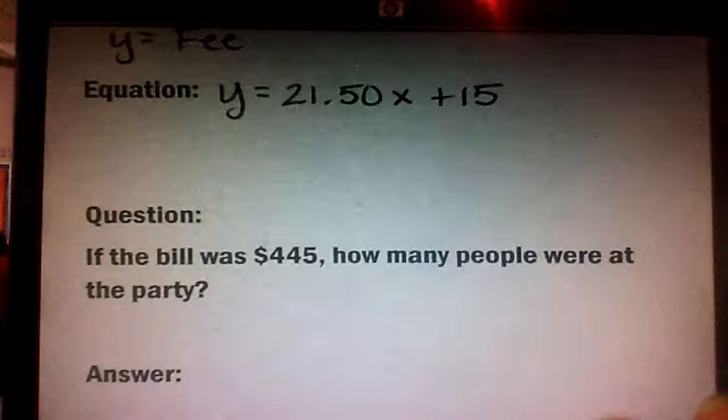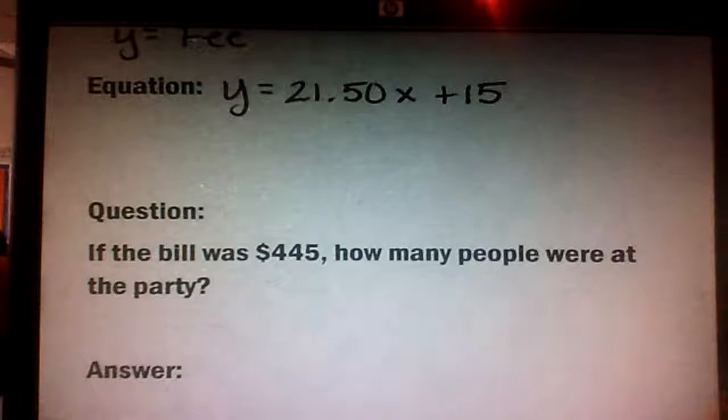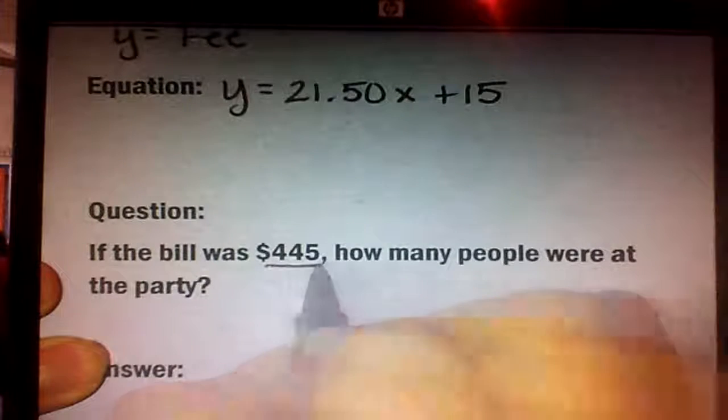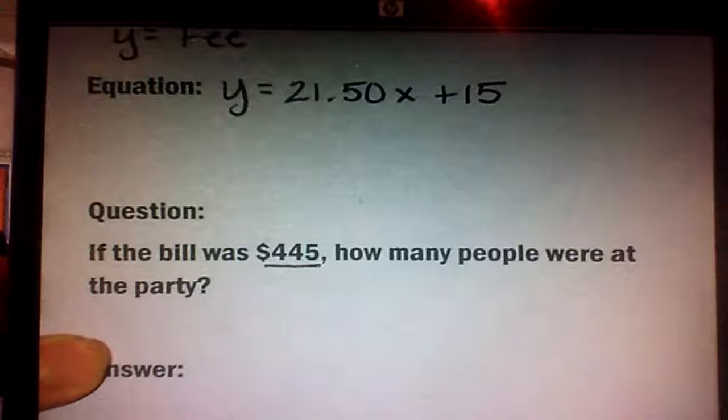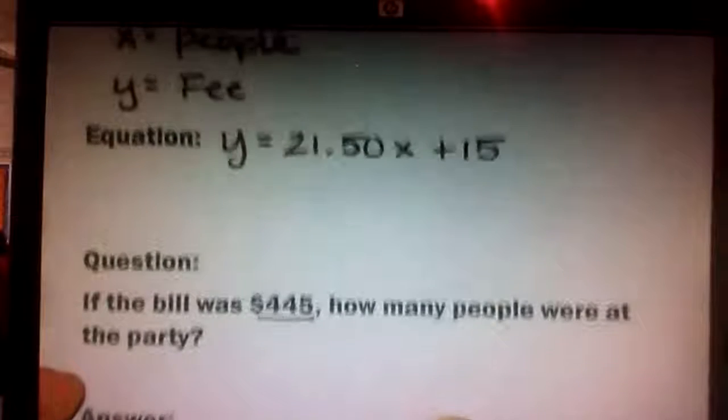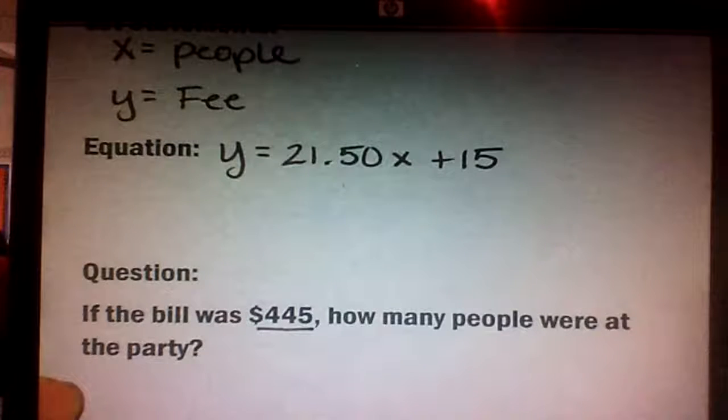So, the question is, if your bill was $445, how many people were at the party? Okay, so I need to use my equation and plug in what they give me. Where am I putting 445 though? Is 445 your fee or your amount of people? Fee.